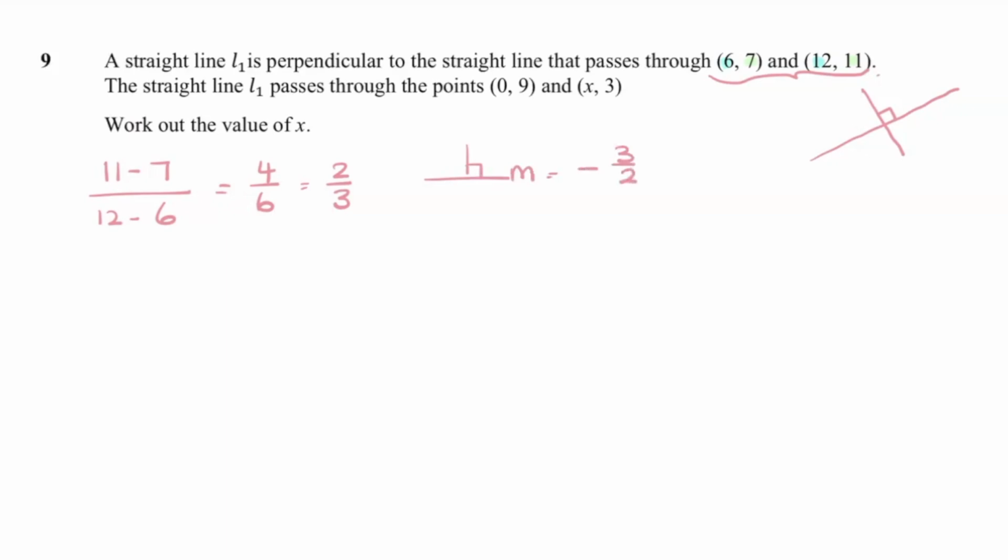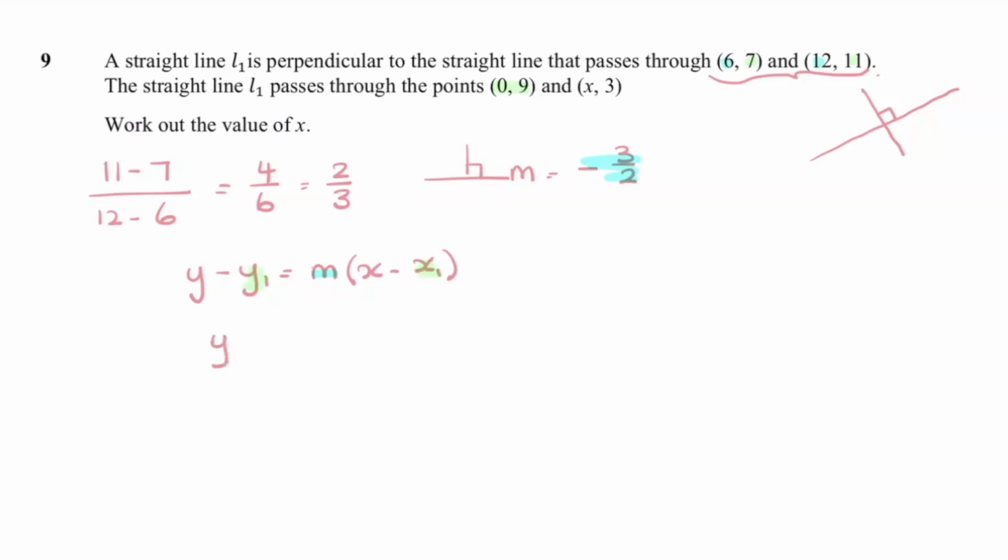Now we can take the coordinate that they've given us and put it into our equation. Now, we have learned that y minus y1 equals m(x minus x1). We need a gradient, which we have got. We need coordinates, which we have. So we just substitute in.